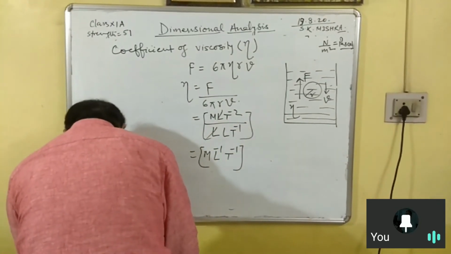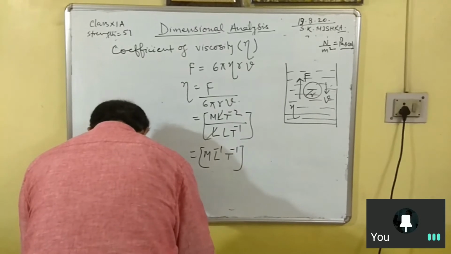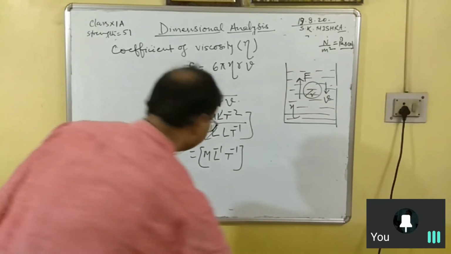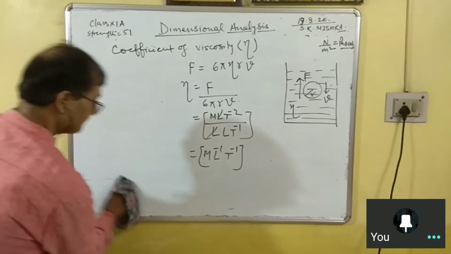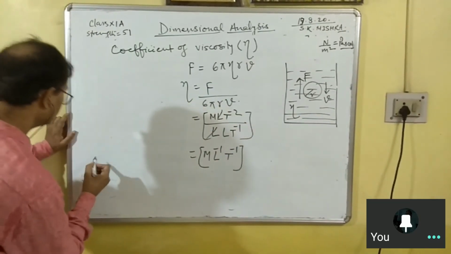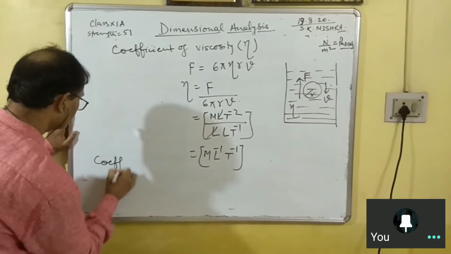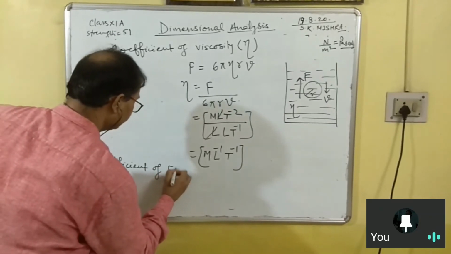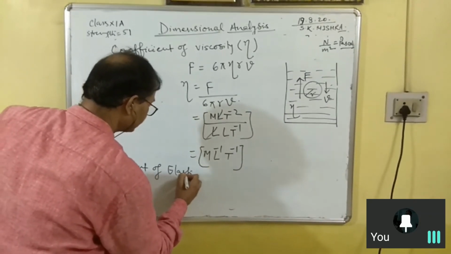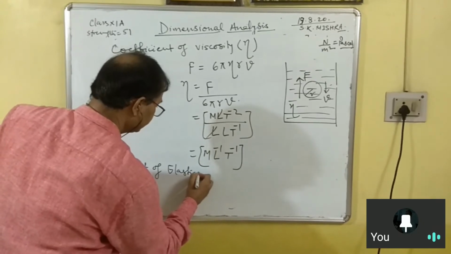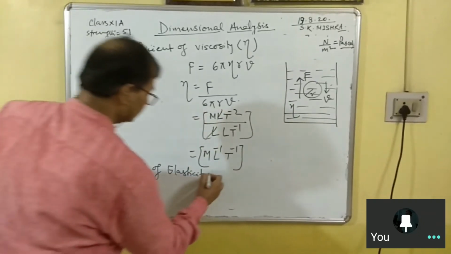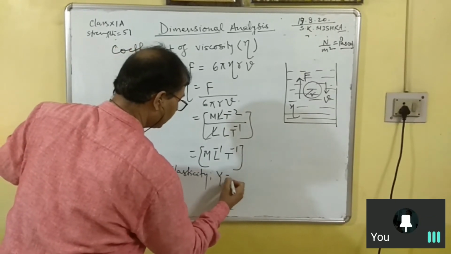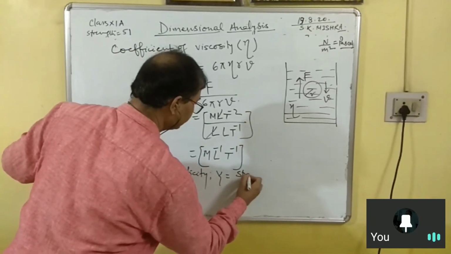Now there are some more physical quantities like coefficient of elasticity, a property of solids. It is denoted by Y, and Y is equal to stress by strain.